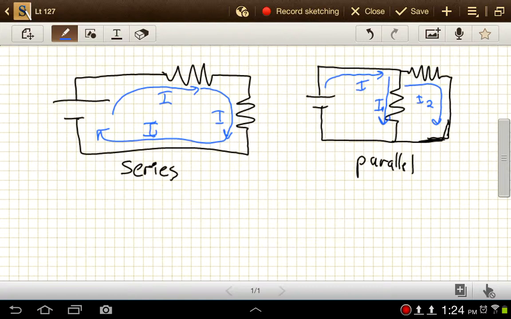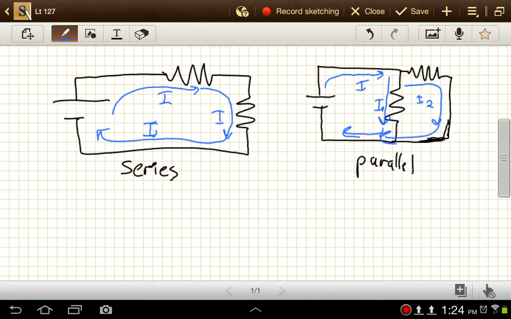So some of the water goes down one path and some of the water goes down another path. Well, the same thing happens here. Some of our current goes down one path, some goes down the other path. So if we have a split in our currents, that's where we say it's a parallel arrangement of resistors. And then they come back together at this point, and we go back to having a total current of I. So I1 and I2 have to add up to I.